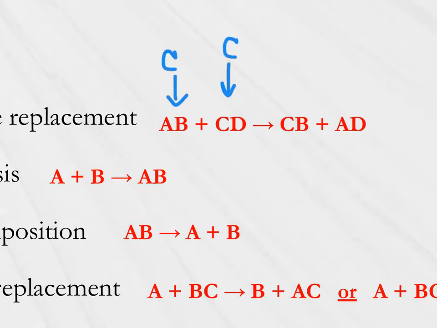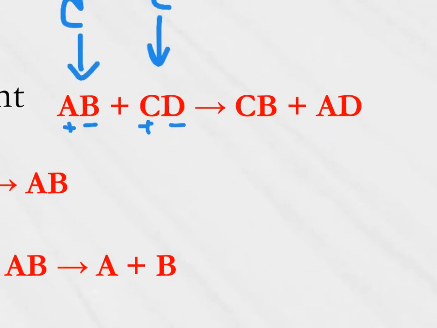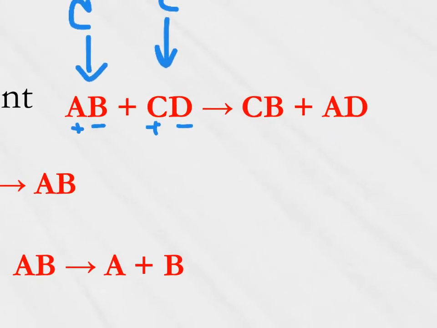These are ionic compounds, and when we write an ionic compound, it always goes plus, minus, plus, minus. We always list the positive ion first. If you look at this carefully, see how we have AD over here on this side?